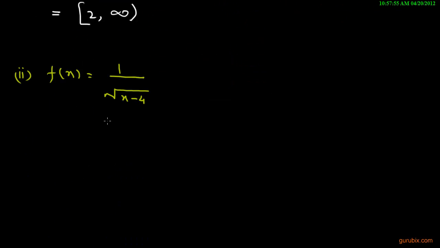We know that this function f(x) will not assume a real value if the denominator is equal to 0. So the denominator should be other than 0, and because in the denominator there is a square root function, therefore x minus 4 should be greater than 0.